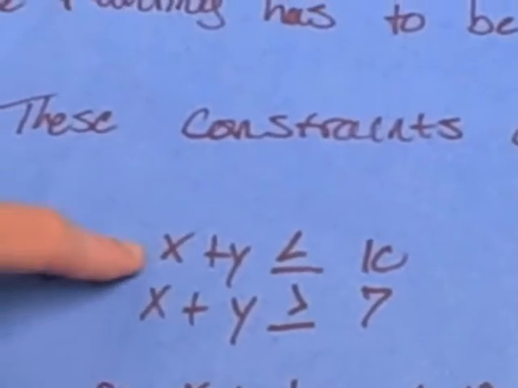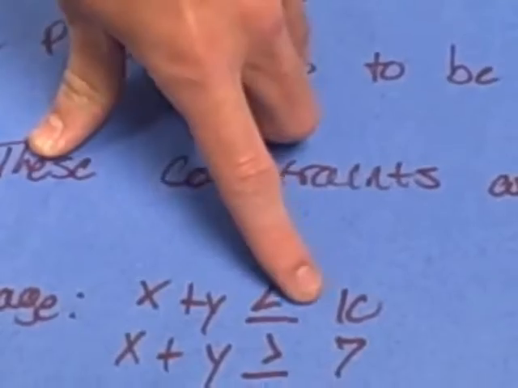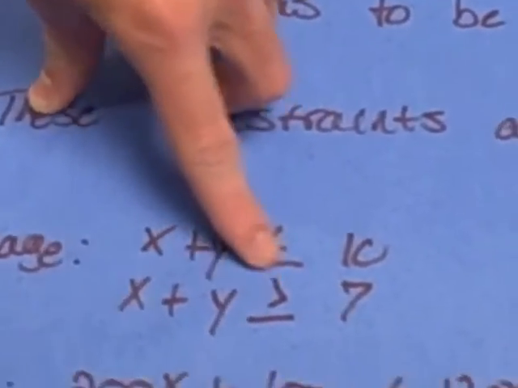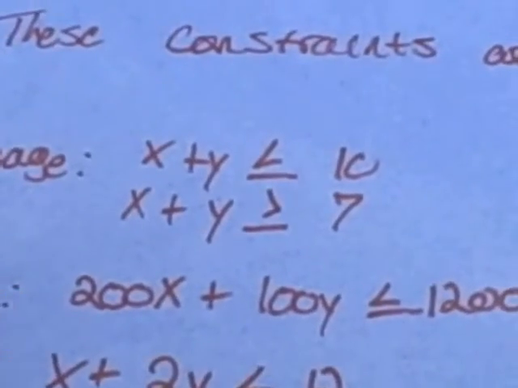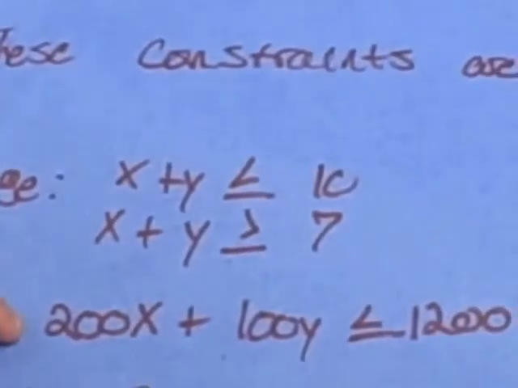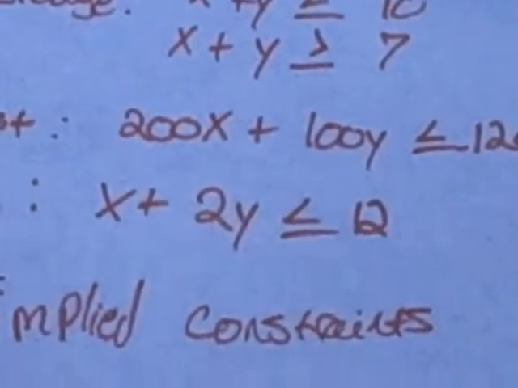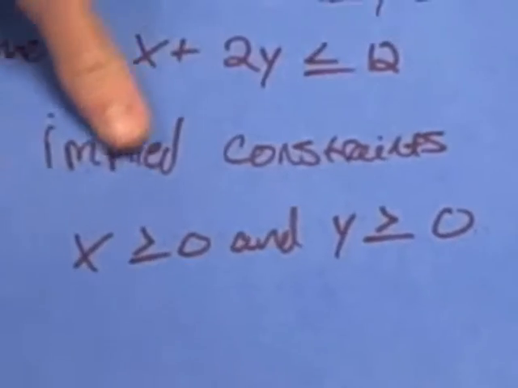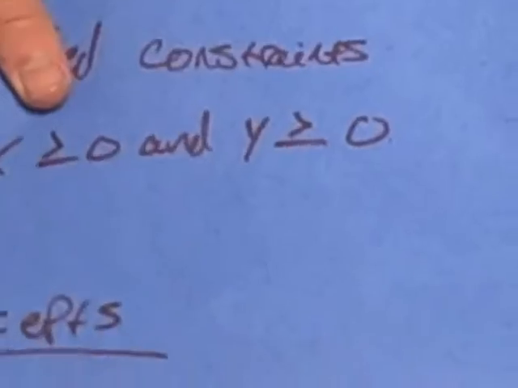Acreage is x plus y less than or equal to 10, and x plus y greater than or equal to 7. The cost is going to be expressed as 200x plus 100y less than or equal to 1200. And time has to be x plus 2y less than or equal to 12. And the implied constraints are x greater than or equal to 0, and y greater than or equal to 0.